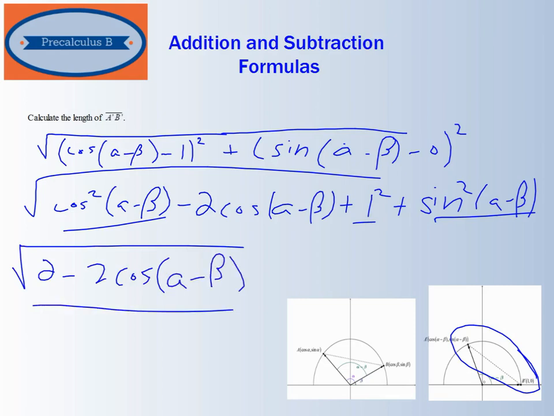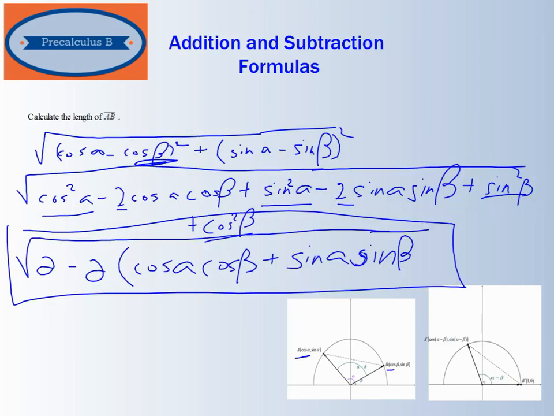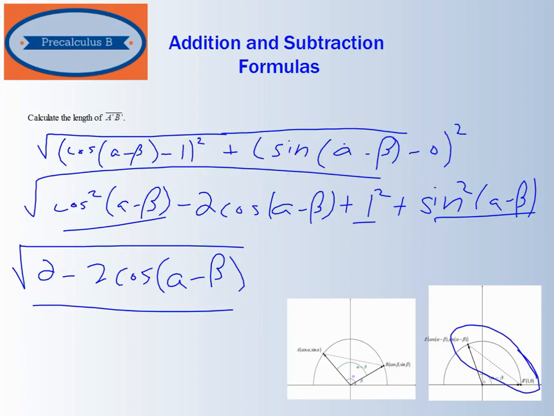Well, look at this. This answer looks very similar to this answer, 2 minus 2 times something. Well, notice, what do we have here? We have cosine alpha minus beta.